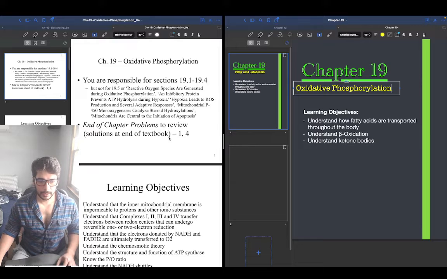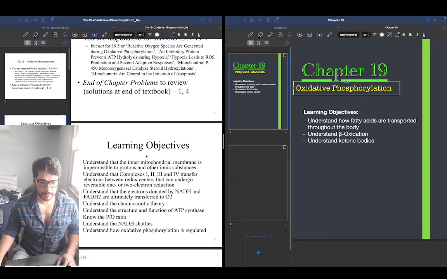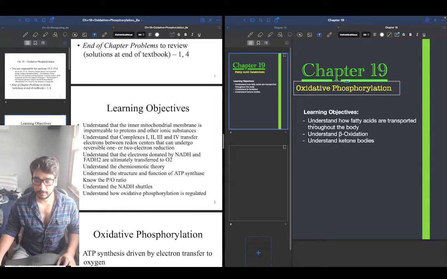Okay, and then I review some of the learning objectives so I can stay on track on what I need to know from these PowerPoint slides. Go back, scratch these out as I go along.